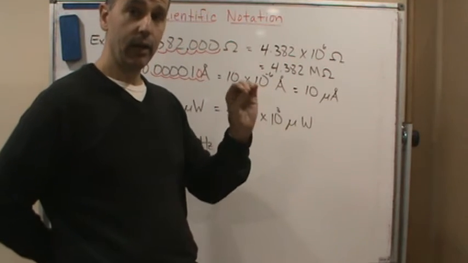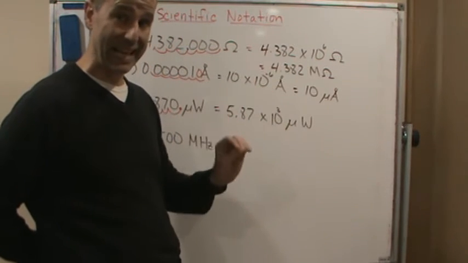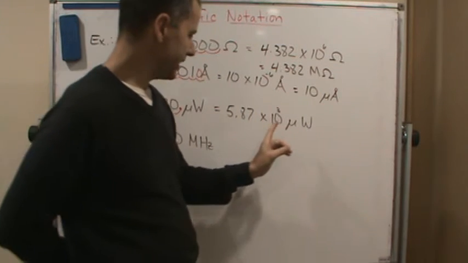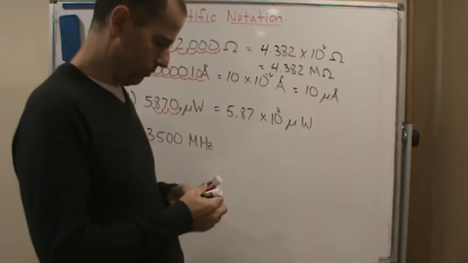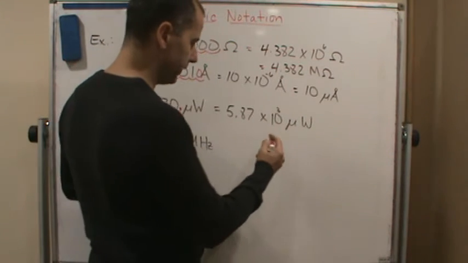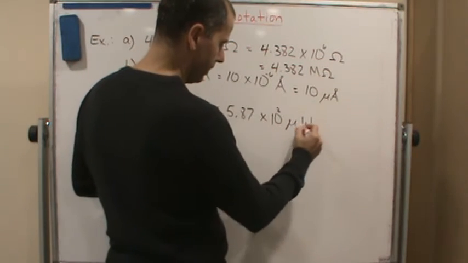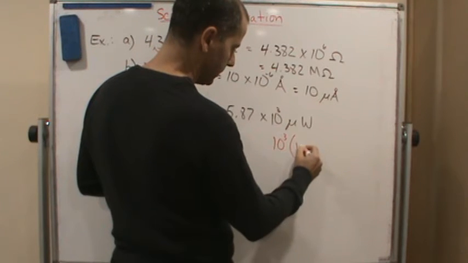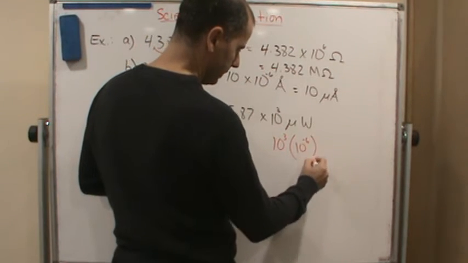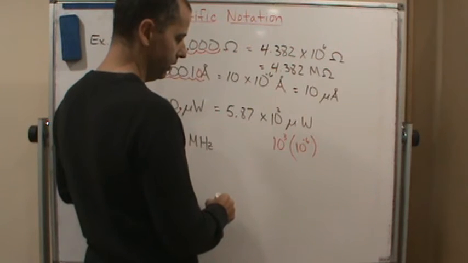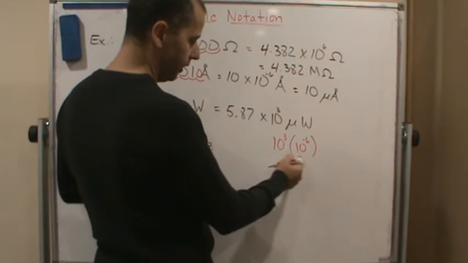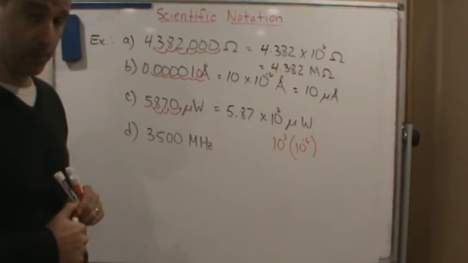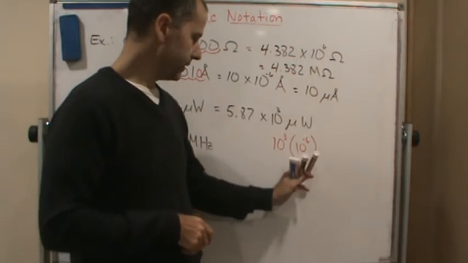It's one millionth, so it's 10 to the negative sixth. So think of it this way. This is 10 to the third times 10 to the negative sixth, which gives me 10 to the negative third.